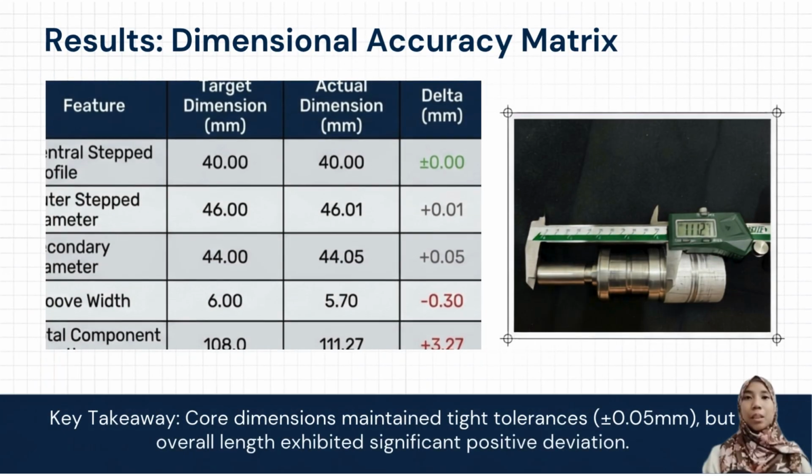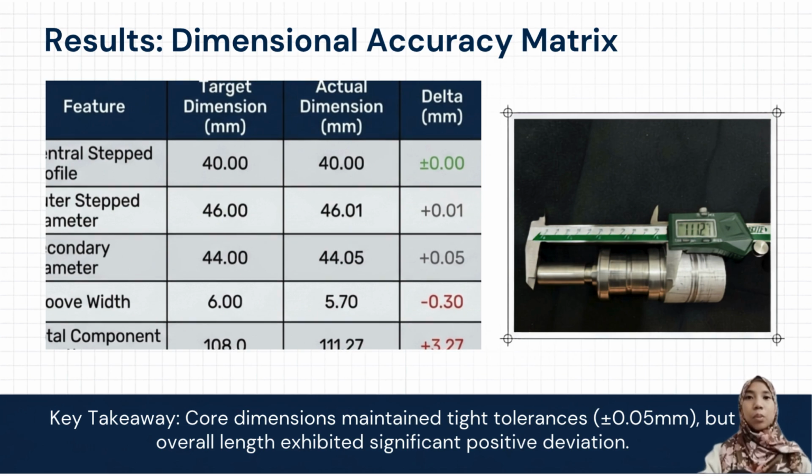A dimensional accuracy matrix showed that most critical dimensions were very close to the target value. The central step profile achieved zero deviation, while the outer and second diameters only differed by plus 0.01 mm and plus 0.05 mm respectively.